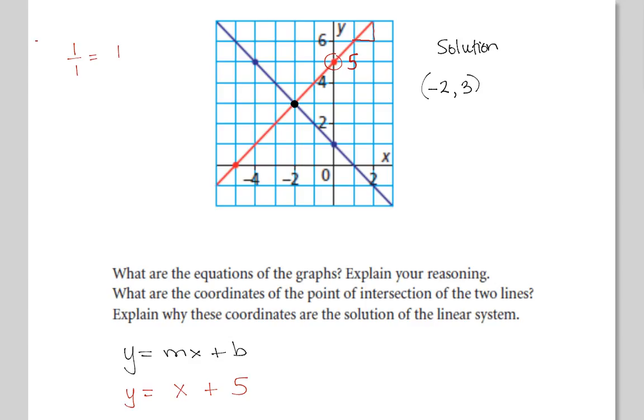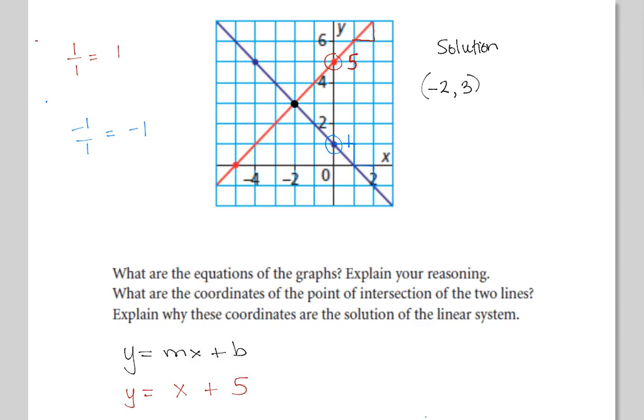Okay, and for the blue line, what's the y-intercept? 1. And then what's the slope? Pick a good point. Over 1 and down 1. Over 1 and down 1. So what's the slope for the blue line? Negative 1.